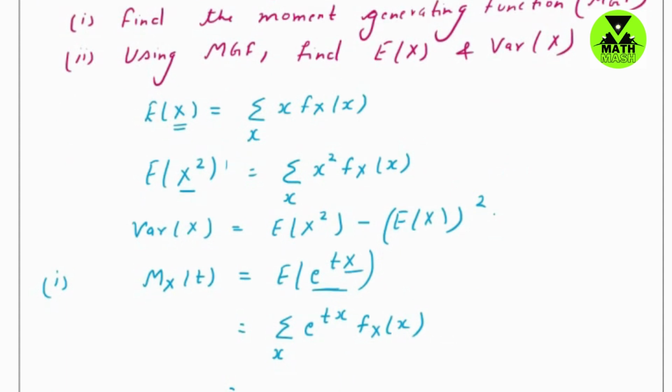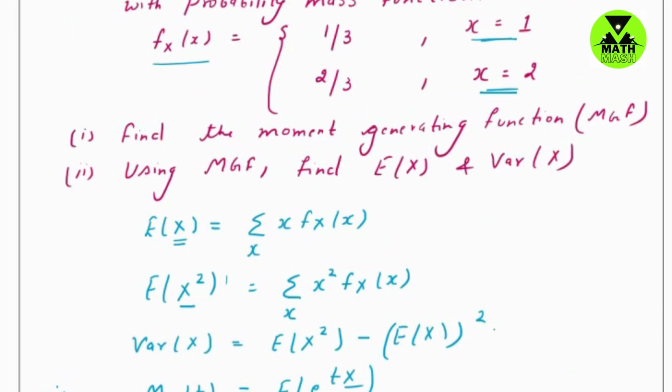So when we plug in x equals 1, this becomes e to the power t times 1, into f_X(1), that is the probability mass function at x equals 1, plus e to the power 2t into the probability mass function at x equals 2. At x equals 1, f_X(1) is 1/3. At x equals 2, f_X(2) is 2/3.